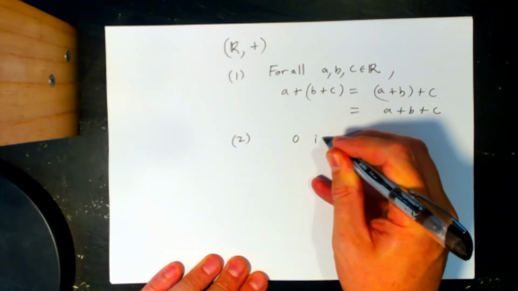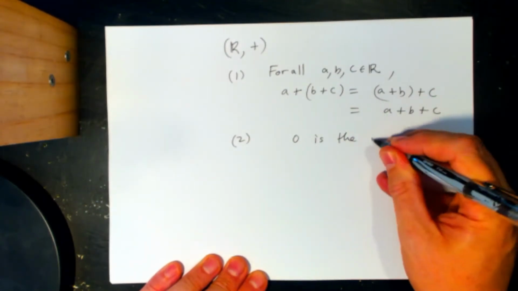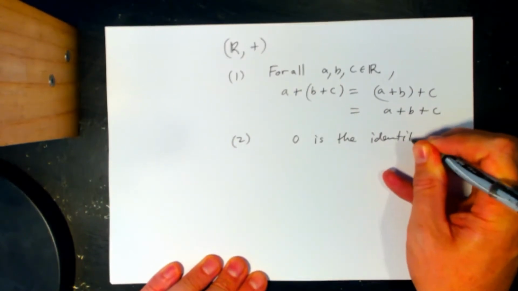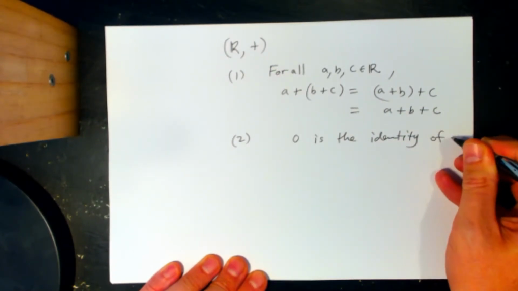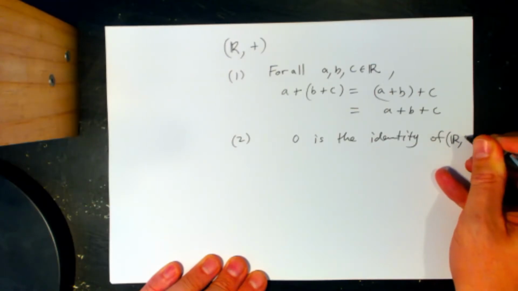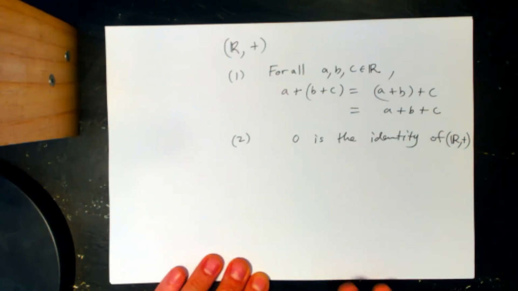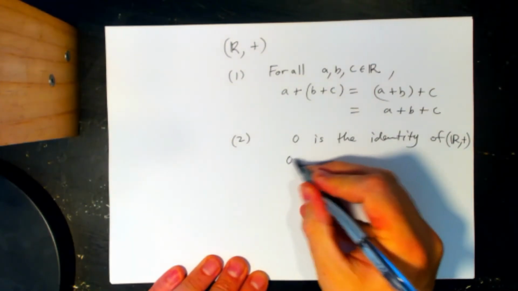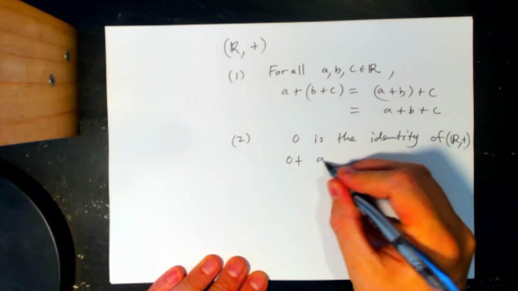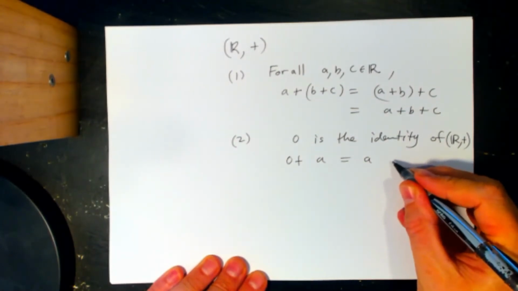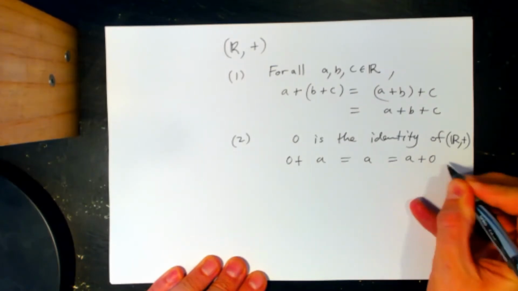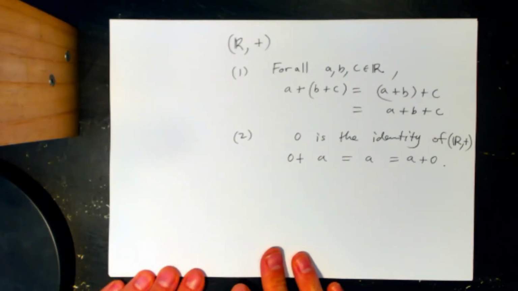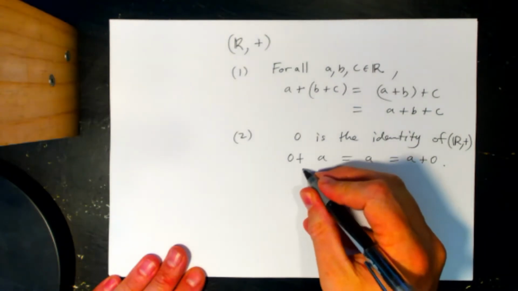So 0 is the identity of this algebraic structure. Okay, so 0 plus a is equal to a, which is the same as a plus 0 for all real numbers a.